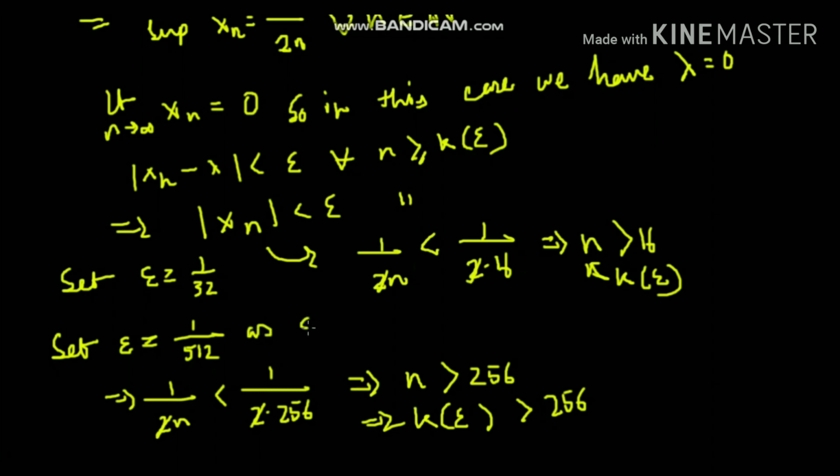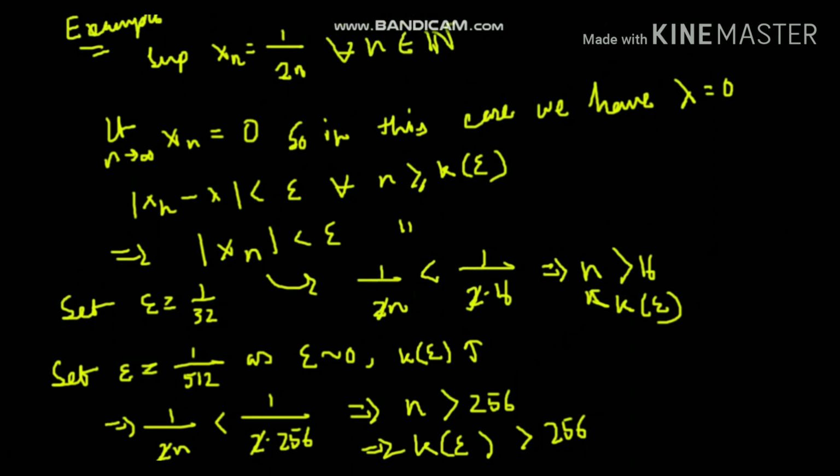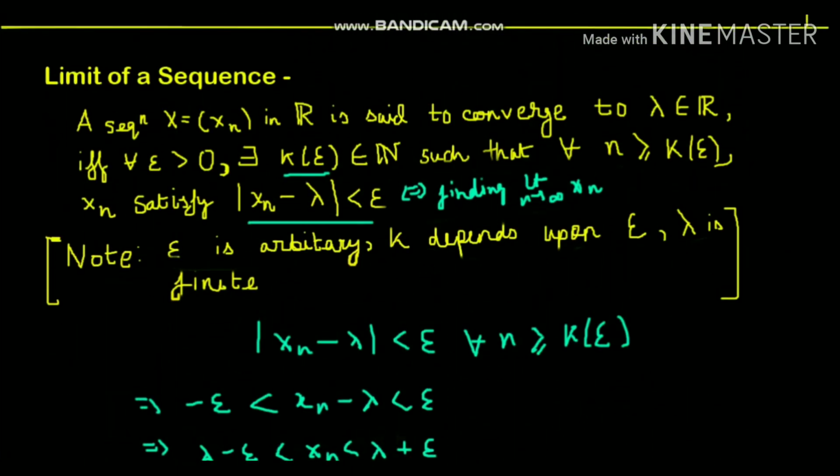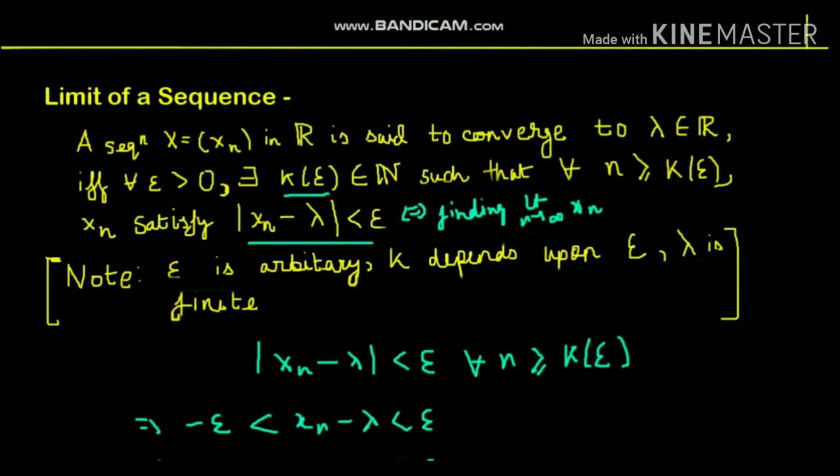So, as you see, as we go on decreasing epsilon, the value of k of epsilon increases. So, as epsilon approaches 0, k of epsilon increases. It is quite evident from the example we showed over here. So, as I told you earlier, if we choose epsilon to be very close to 0, we need to have a very large value of k of epsilon.